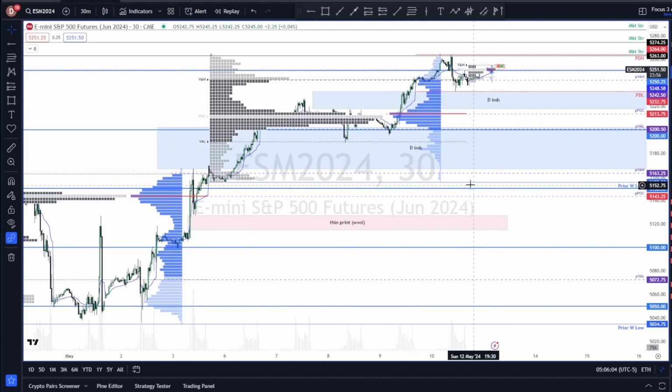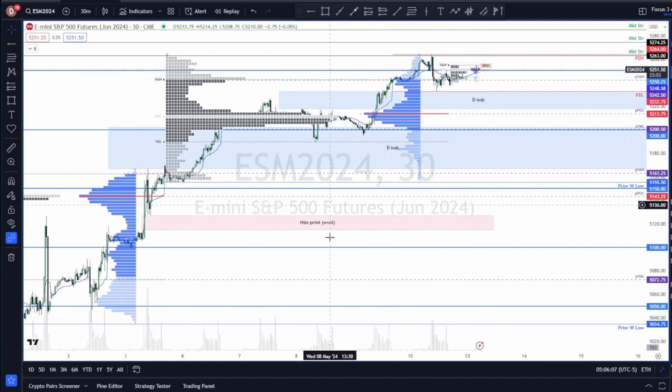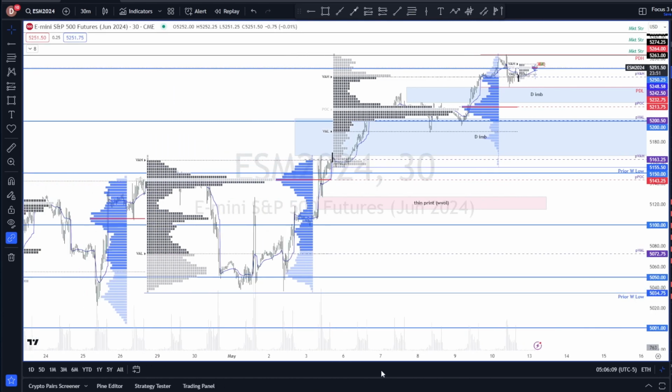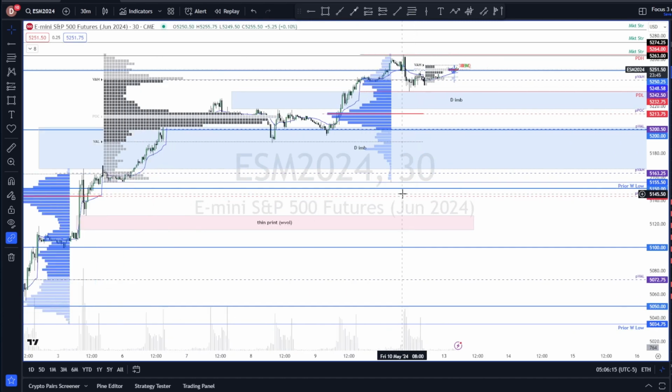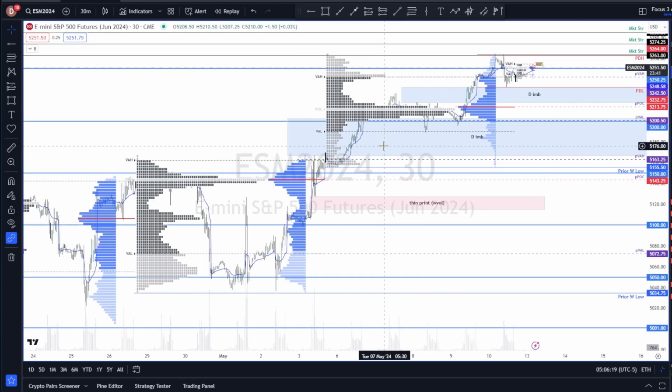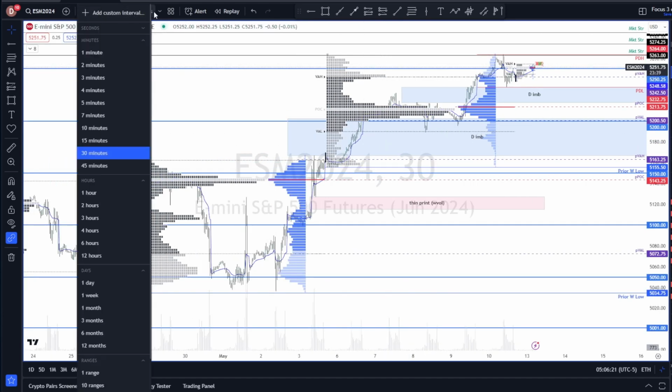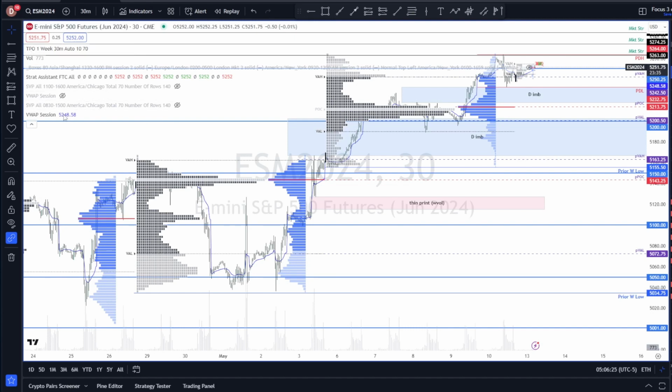And that's going to do it for the weekly. I don't really know that I've got anything else that I can really mark off on the weekly volume. So now I'm going to go to the daily session, the daily volume profile.